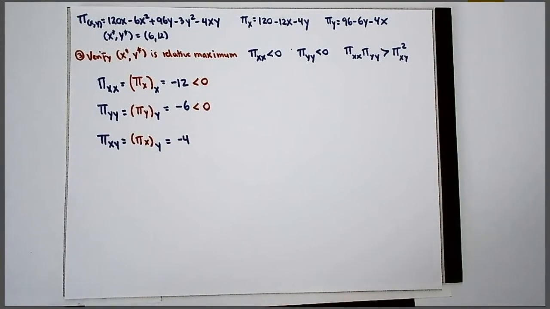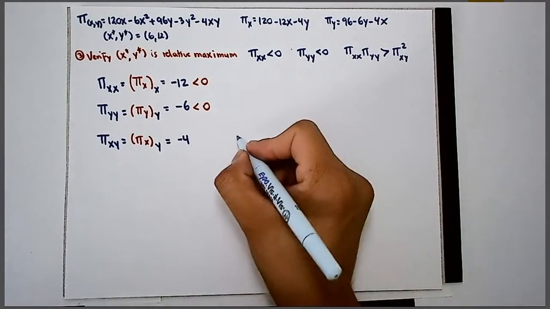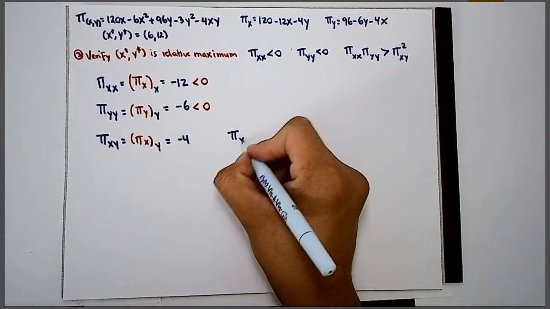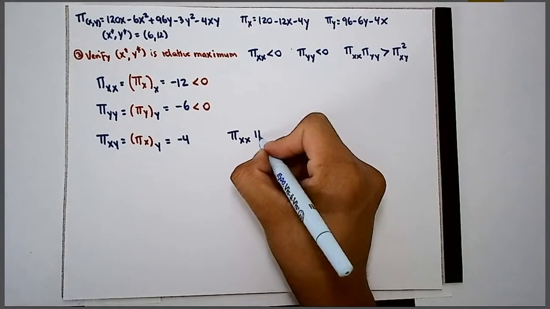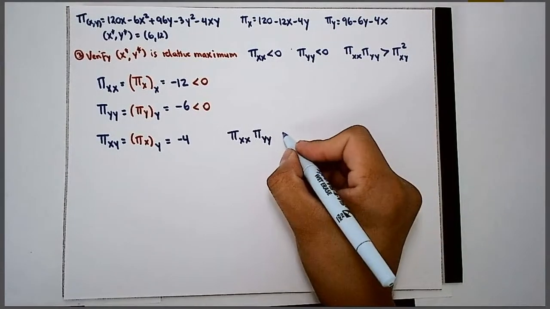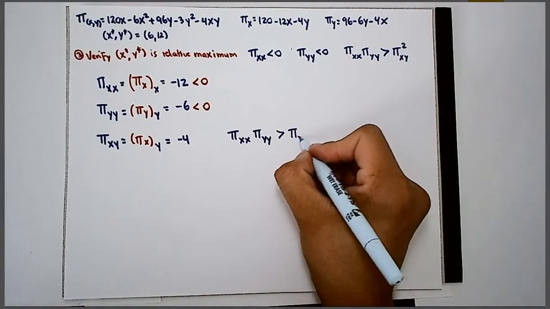Now let's proceed to verify the Hessian condition. So pi xx times pi yy must be greater than pi xy squared.